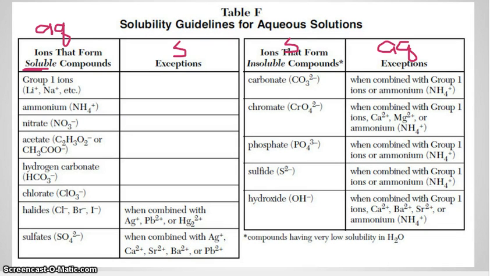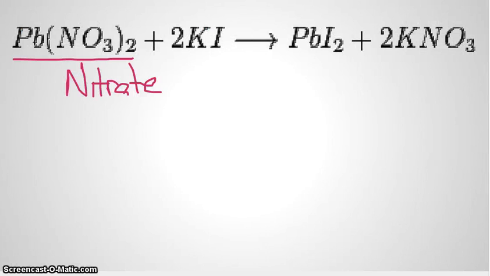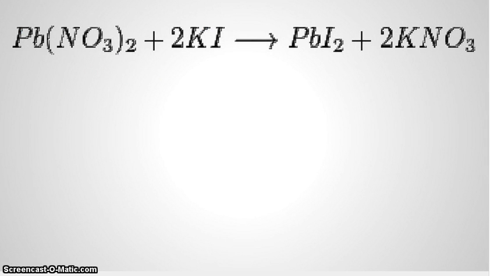And we find that nitrates are right here. They are under the soluble compounds and there are no exceptions. So that tells me that whenever I have a nitrate, it is going to get an aqueous notation. Okay, let's move on to the next one here.